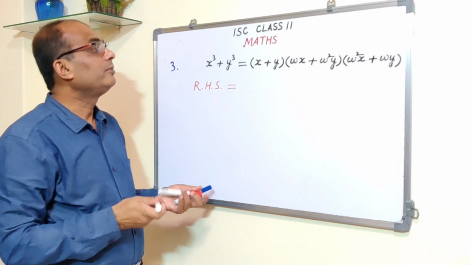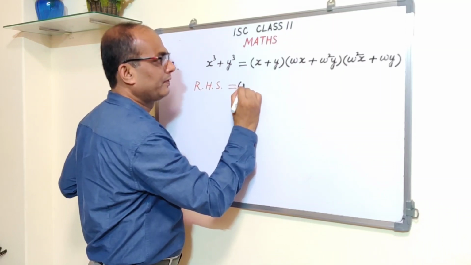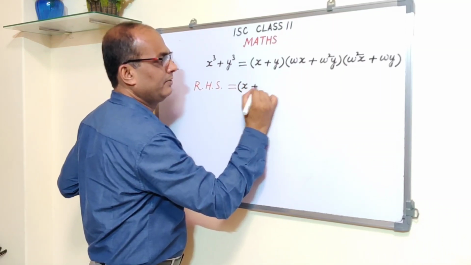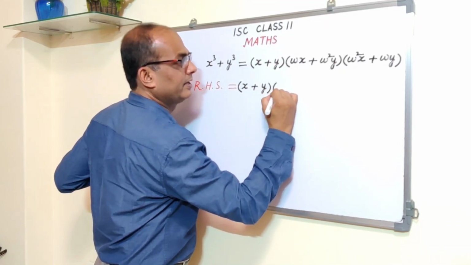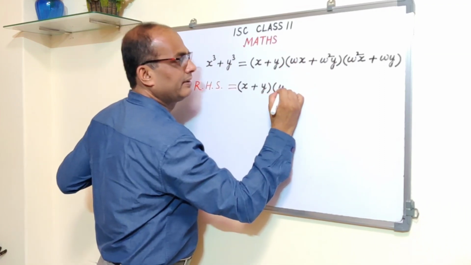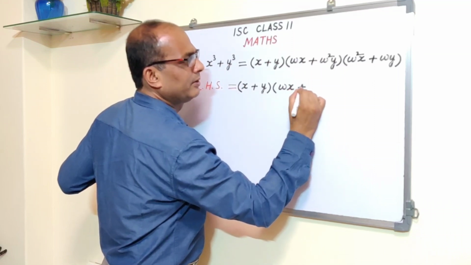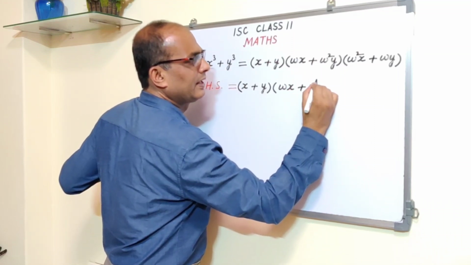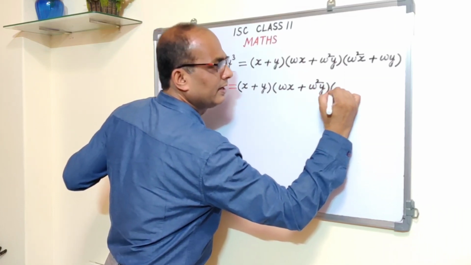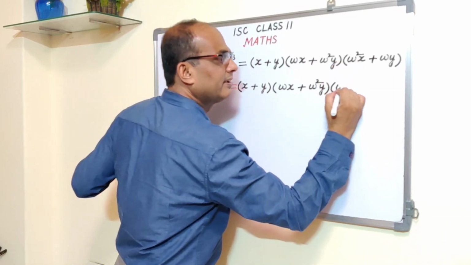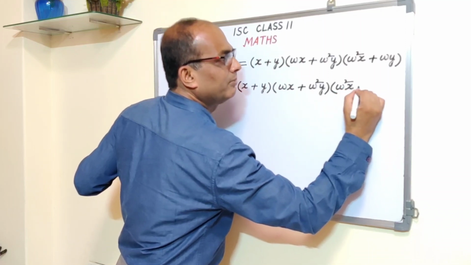Now let me note down the right hand side, (x plus y), bracket close, and the bracket, first I am noting down omega x plus omega square y. Alright, bracket close, another bracket, omega square x plus omega y.